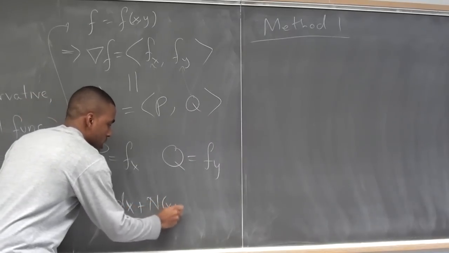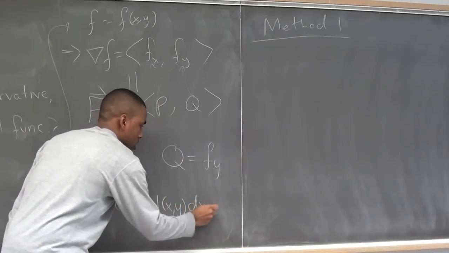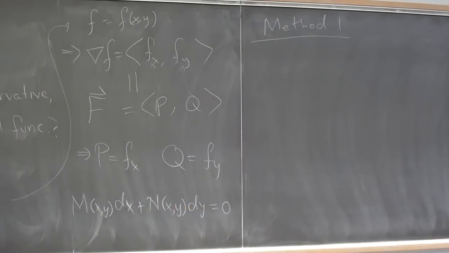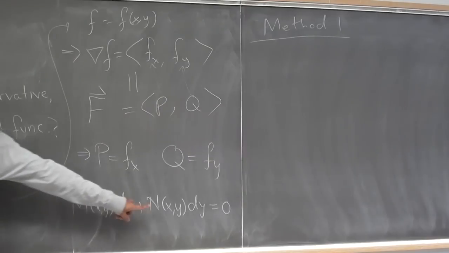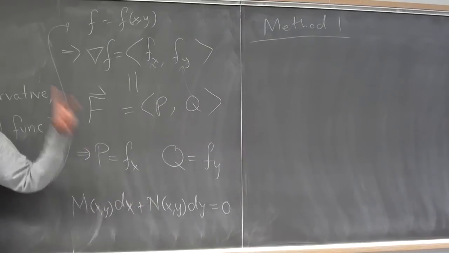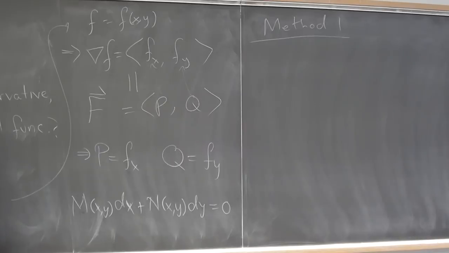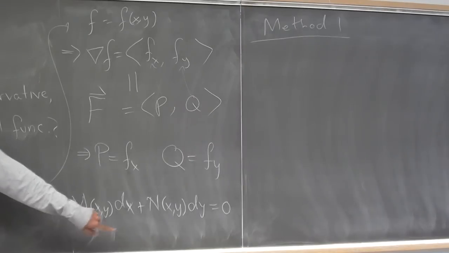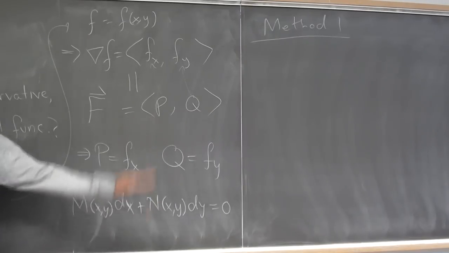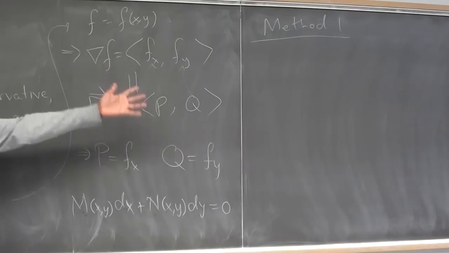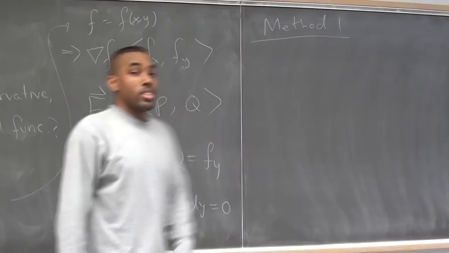They usually use M and N. Now if you want to solve this, remember the check that you did was you differentiated this with respect to y and that with respect to x, and if they were equal you called it an exact differential equation. And what did you have to do to solve this? You had to find a function that when you differentiate with respect to x you got this, and when you differentiate with respect to y you got that. That same method that you used to find the function is exactly the method we're going to use to find this. It's sort of long.